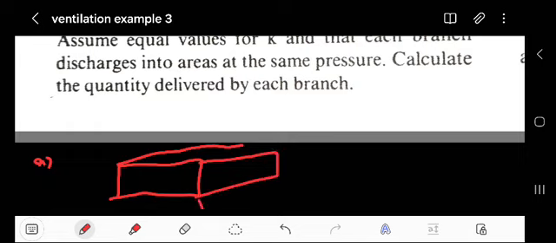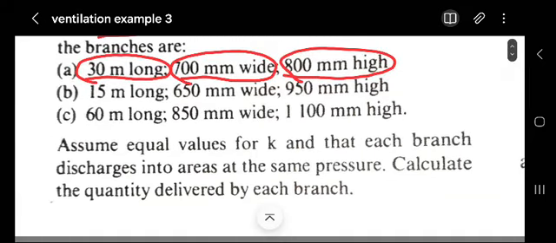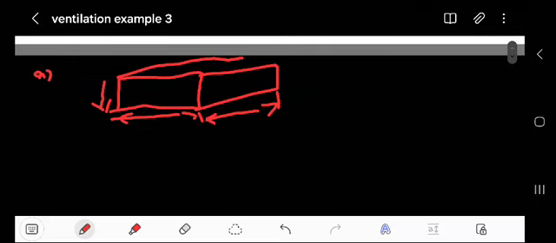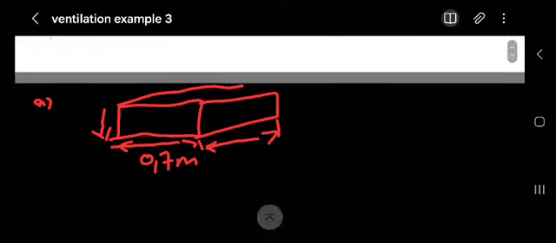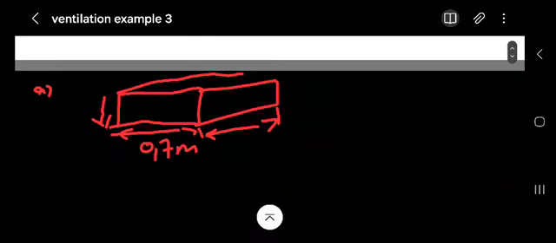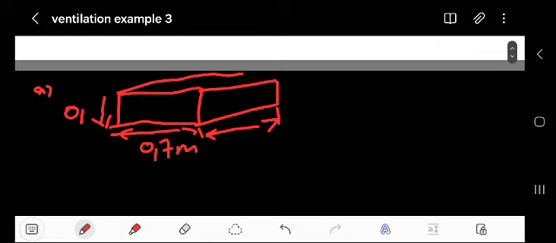They've given us the length of this rectangle, then the depth, and also the width, how wide it is. As you can check here, the width is 700 millimeters, which divided by 1000 is simply 0.7 meter. Then they say again it's 800 high, that means 0.8 meter.